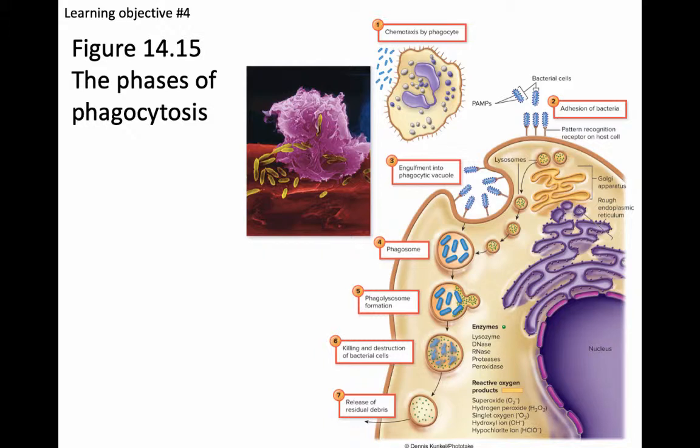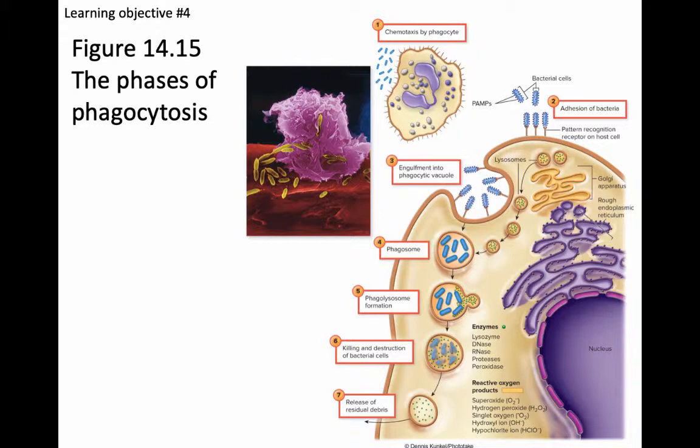Step 5, inside the phagocyte, the phagosome, which contains the microbe, will fuse with the lysosome, which contains enzymes and reactive oxygen products. And all of these enzymes and reactive oxygen products will destroy the microbe so that it is degraded, as shown in step 6.